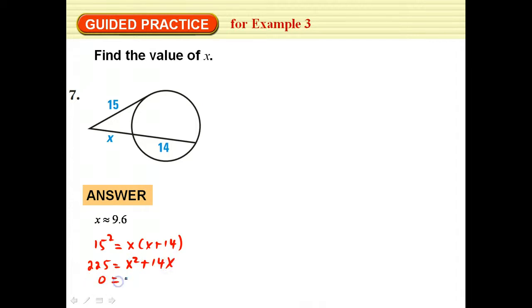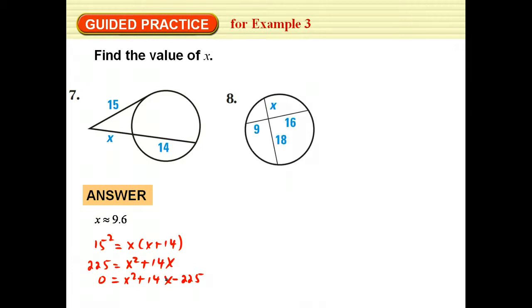So 0 is equal to x squared plus 14x minus 225. If I solve that, I can use the quadratic formula, or I could, remember, use my calculator, and I get approximately 9.6.